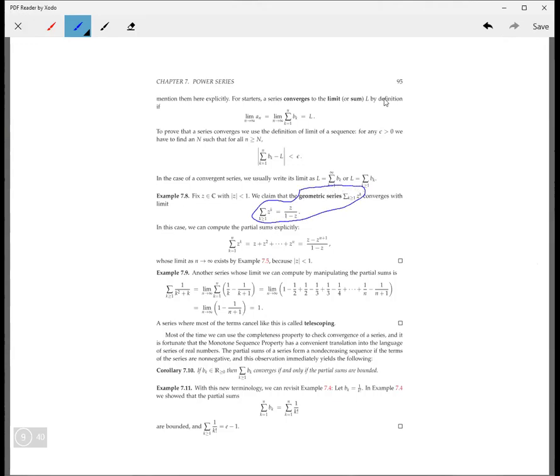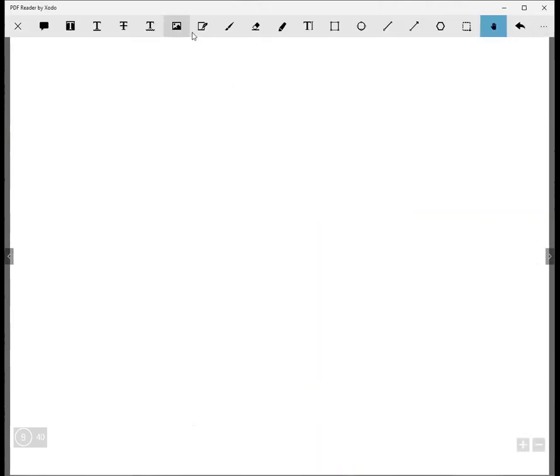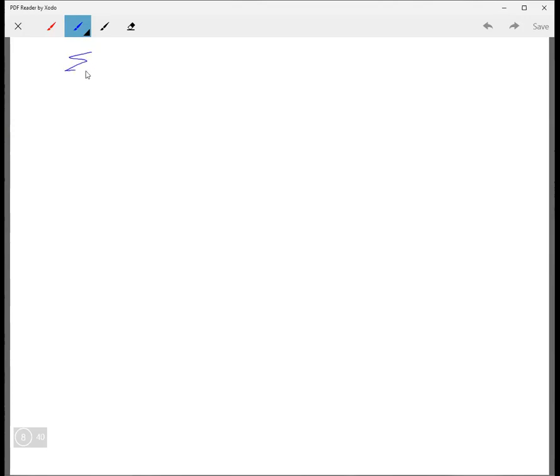This is one of the forms of the geometric series, but the one that I want you guys to remember more would be this one here, where you're starting from 0 to infinity of z to the n.